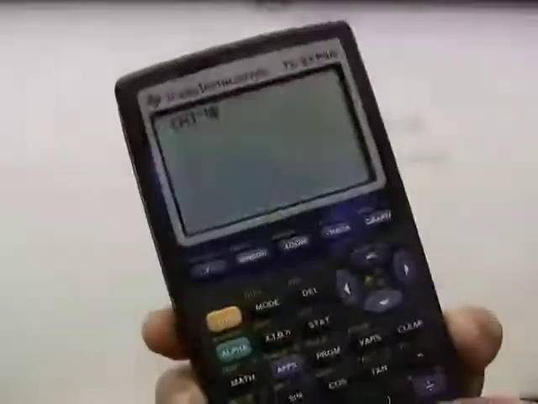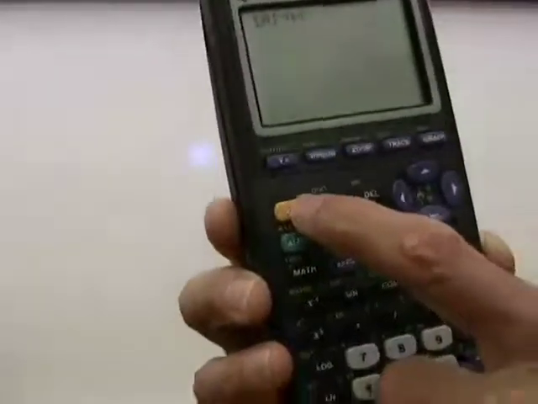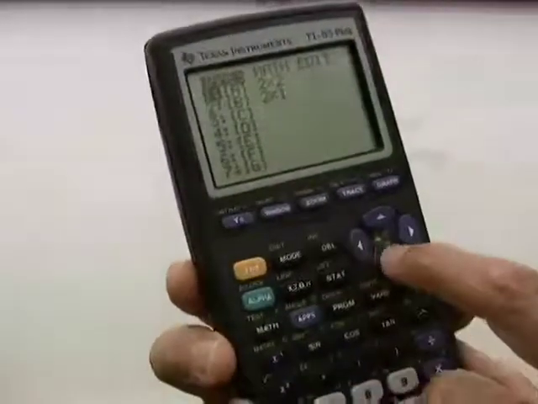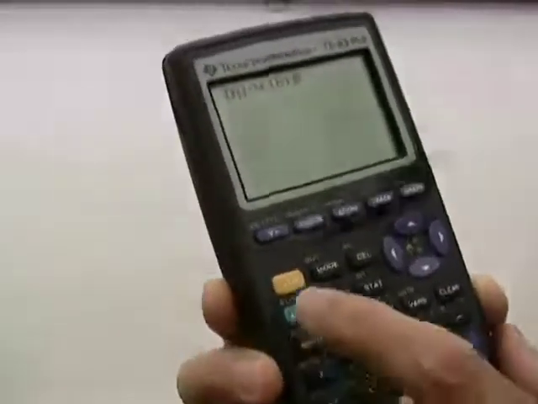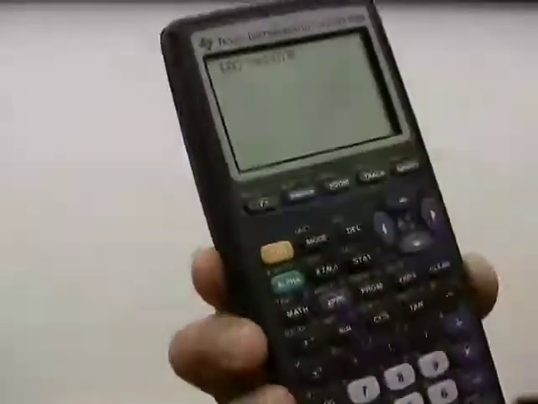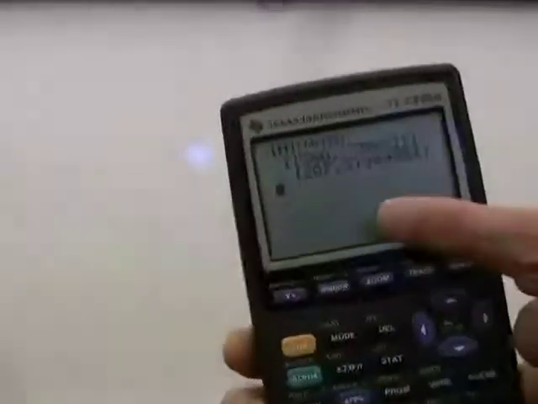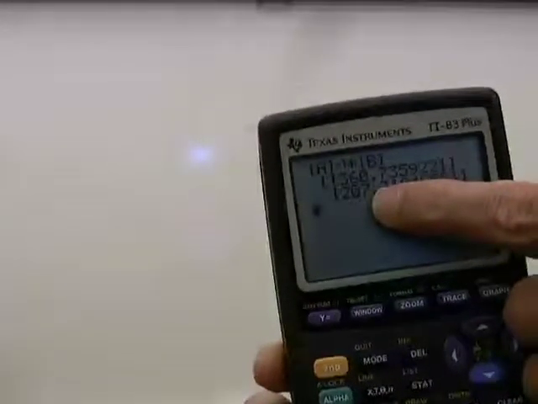Now multiply that with the matrix B. So go and pick matrix B, second matrix. Pick matrix B, come down to 2 and enter. So we have A inverse B, enter. And you notice here, this is the value of the first variable, that is your T2, and this is the value of T3. So the calculator solves the equation for you.